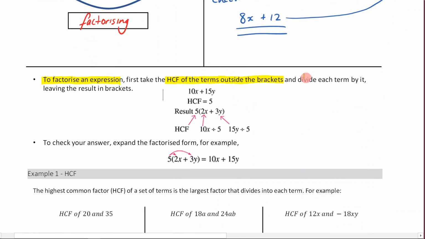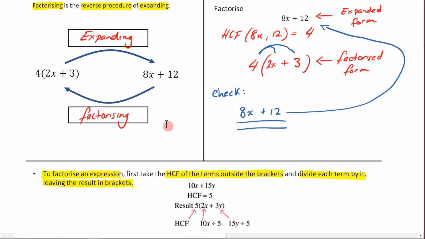It then says, divide each term by it, leaving the results in the brackets. Now I explained it a little bit differently, but we did that as well. If I go 8x divided by 4, that's 2x. And if I go 12 divided by 4, that's 3. So that's just another way of thinking about it.